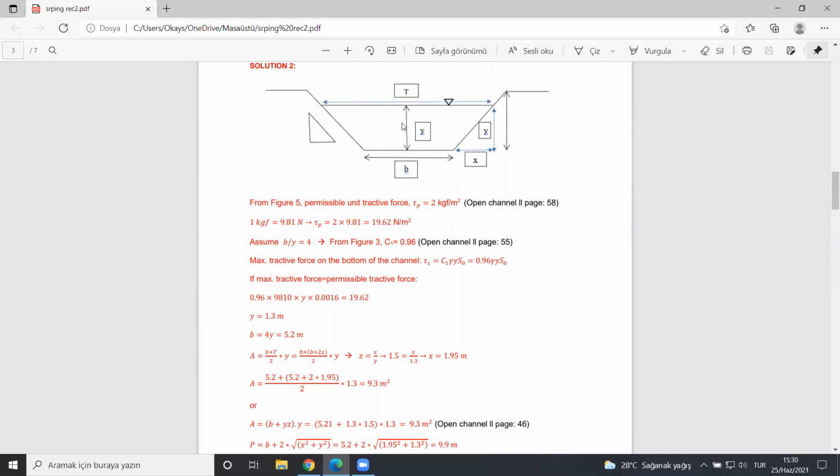So what is T? If you look at this geometry, T is basically B plus 1x from the right side and 1x from the other side. So T becomes B plus 2x. Now we need to decide what x is in terms of number.